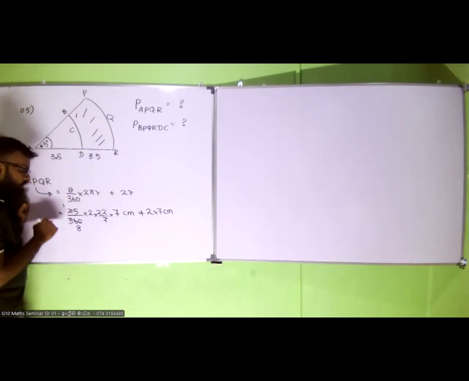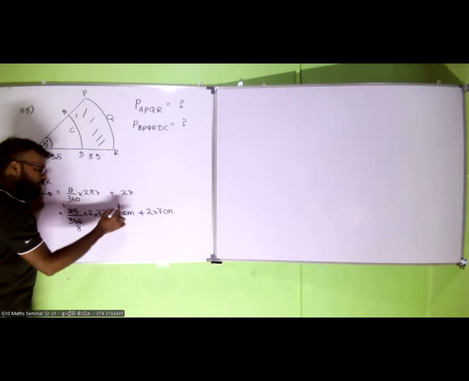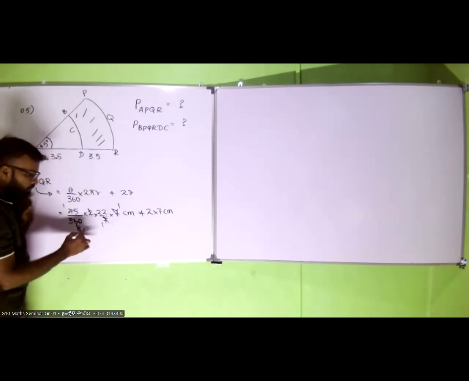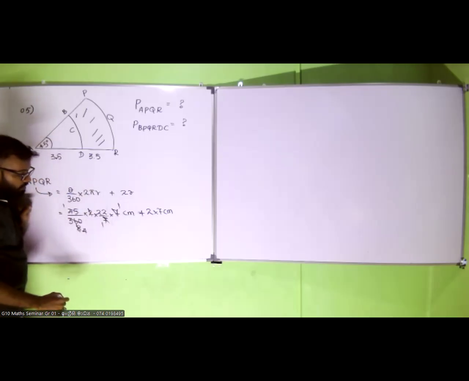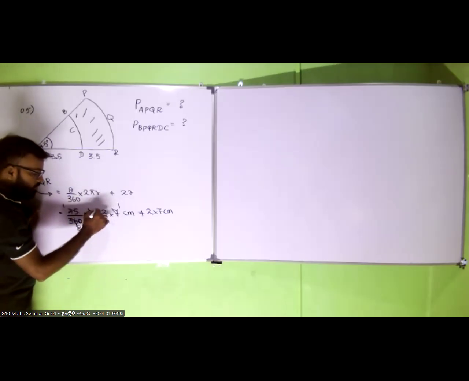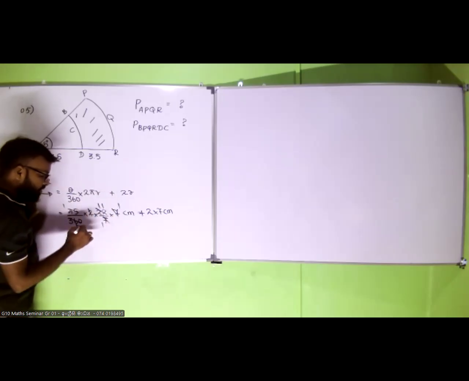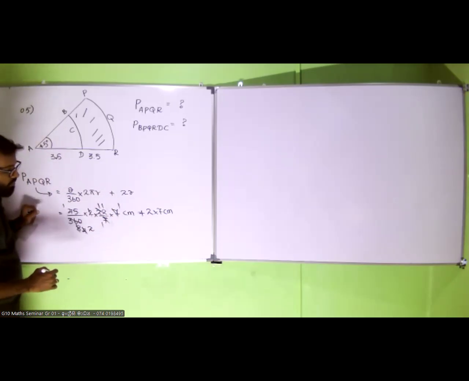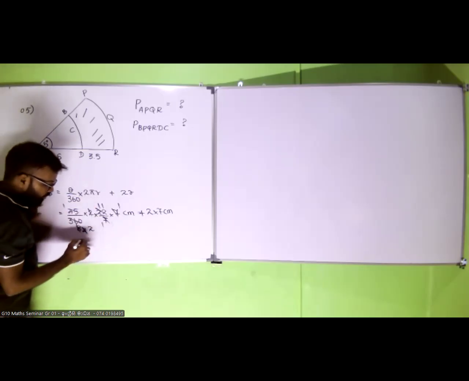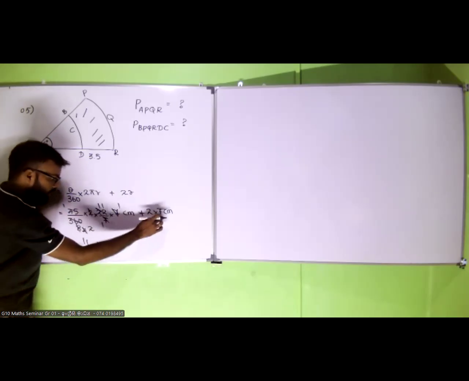You need to be familiar with this one. 7 times 1, 7 times 1. 2 times 4. I will keep this, yes. 2 times 11, 2 times 2. 11 divided by 2 plus 2 times 7, 14.